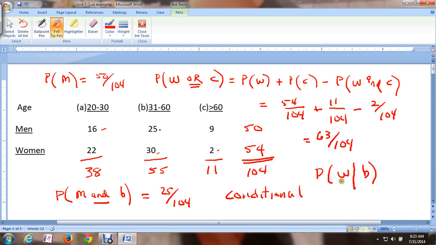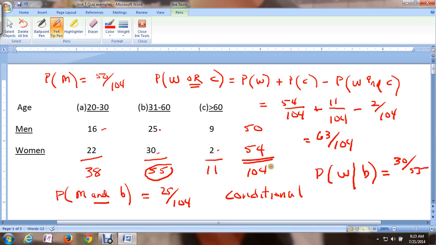We're telling you that you picked out someone between the ages of 31 and 60. Now, knowing that, what's the probability that that person is a woman? Well, since we know that the person we picked out was between the ages of 31 and 60, we are now interested only in these 55 people here. And so the probability we picked out a woman is 30 over 55. That's called a conditional probability.